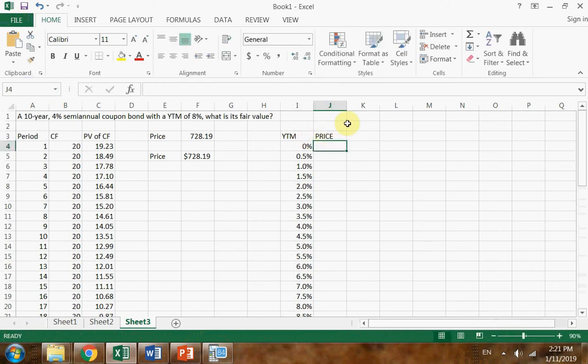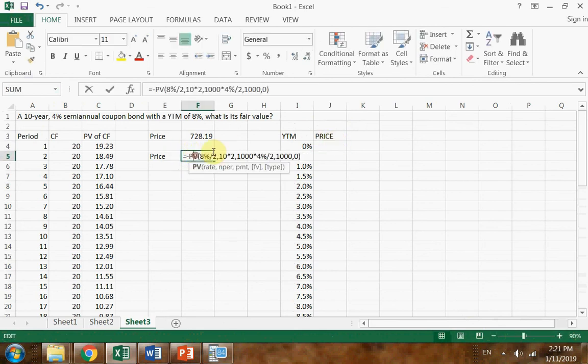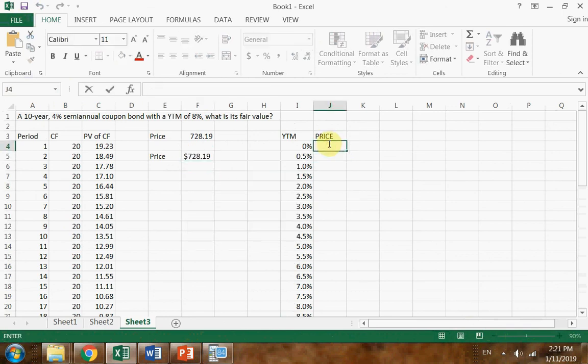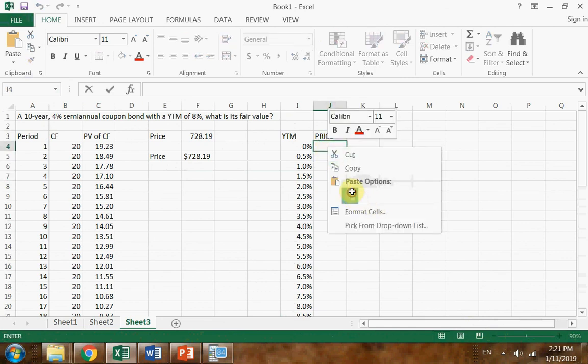Okay, how do I get the price for the bond? As I said, you are going to use this function, and just copy paste the entire formula. That's fine. So highlight them all and then copy, and then if you want to paste, just double click on the cell and then paste.